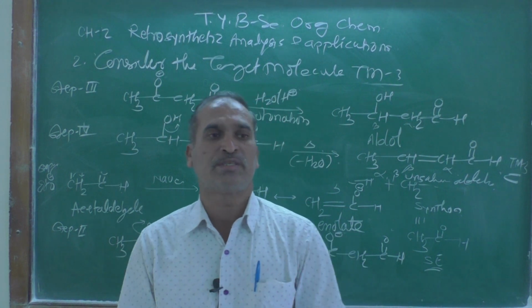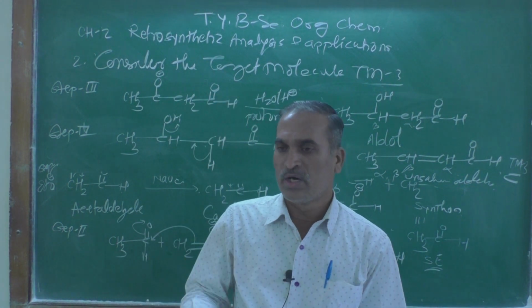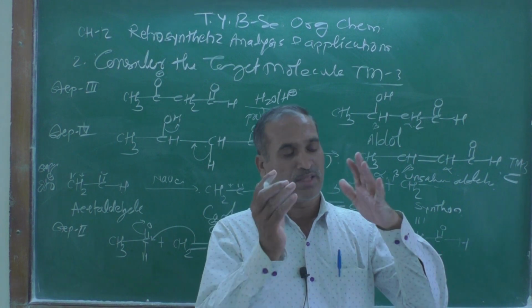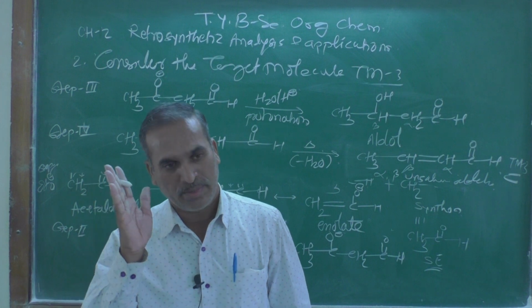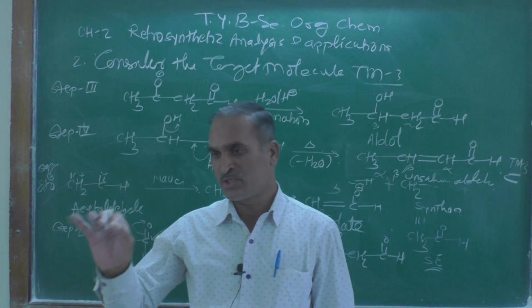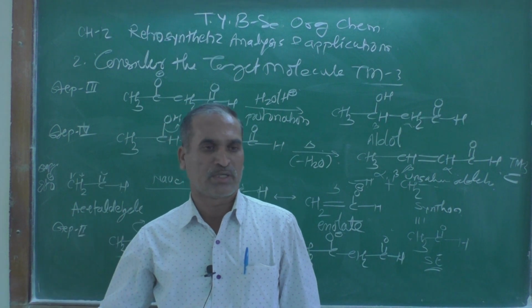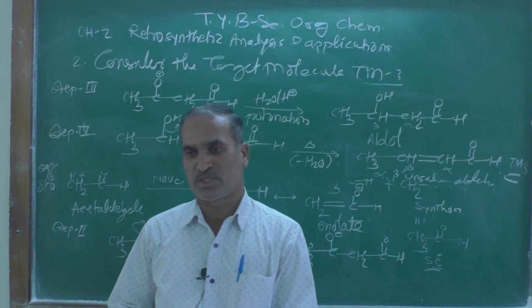So in this way you learn how to do retrosynthesis and the actual synthesis. Once you are able to do the retrosynthesis, it is a very important skill as far as organic chemistry is concerned.